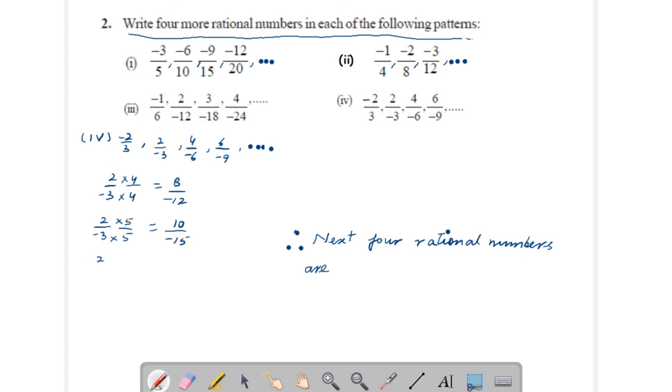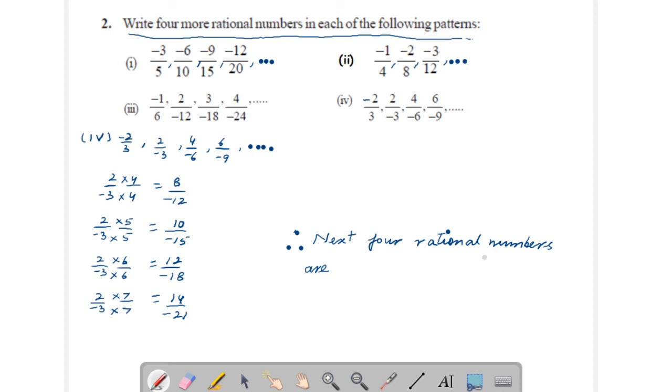Again take 2 upon minus 3. Multiply numerator and denominator by 6. You will get 12 upon minus 18. Again take 2 upon minus 3. Multiply numerator and denominator by 7. You will get 14 upon minus 21.